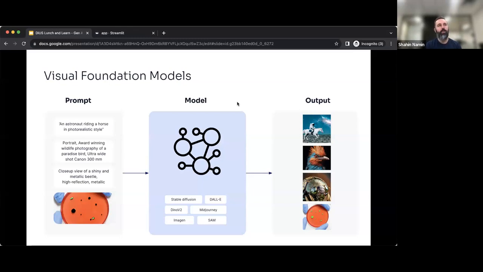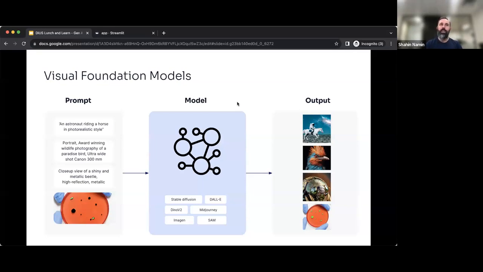So when it comes to the different types of models that we have for visual foundation models, you hear Stable Diffusion and Midjourney a lot these days, but of course, there's a lot more different models that are available out there, and the number of models are increasing every day.